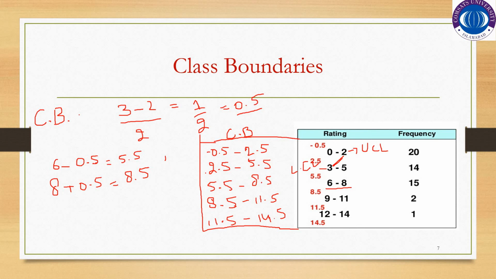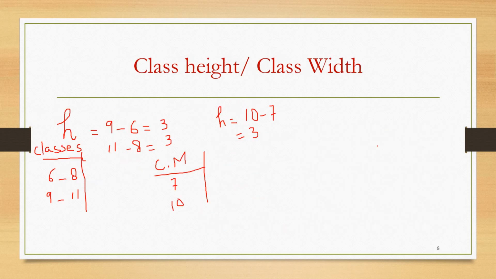Let's suppose we take the second and third classes. So what will we have? The class boundaries corresponding to the second and third classes are 2.5 to 5.5 and 5.5 to 8.5. So these are the classes, these are the class boundaries.